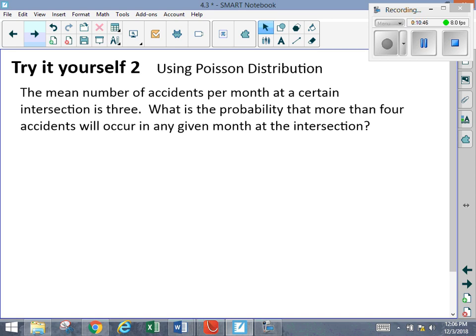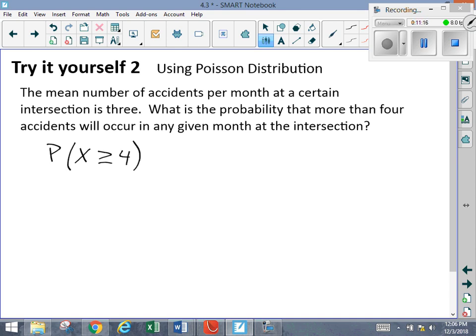So what we'll do is we'll take the complement. So the probability that there are more than 4 is the same thing as 1 minus the probability that there are less than. That's the approach that we're going to use. So, let's look at that. What is the probability that there are less than 4?